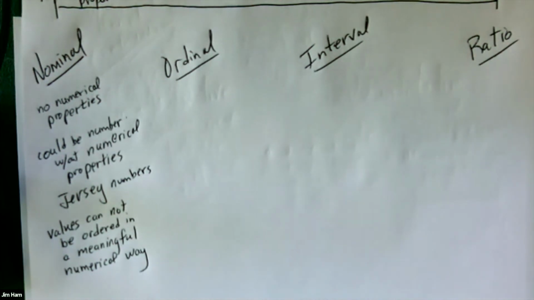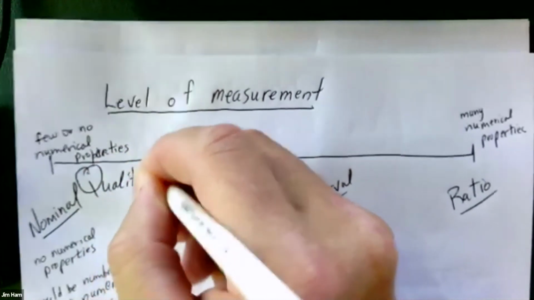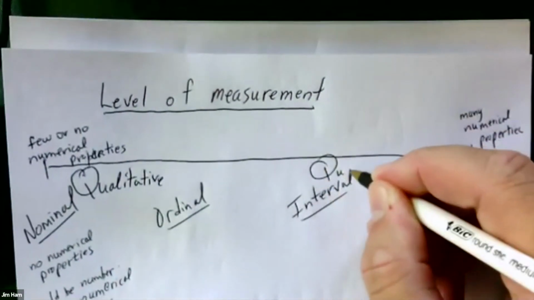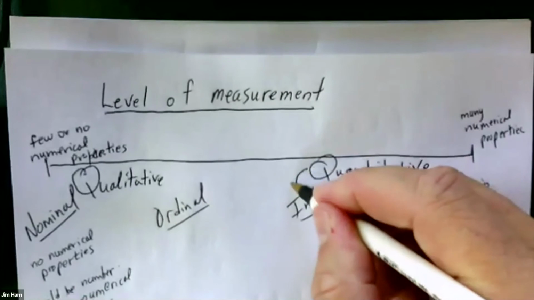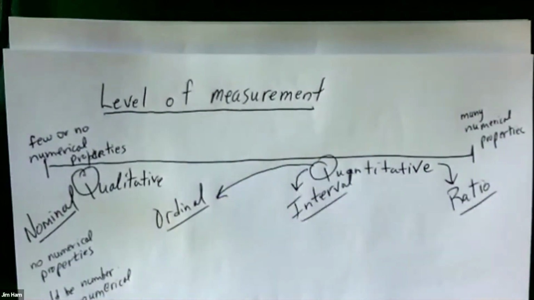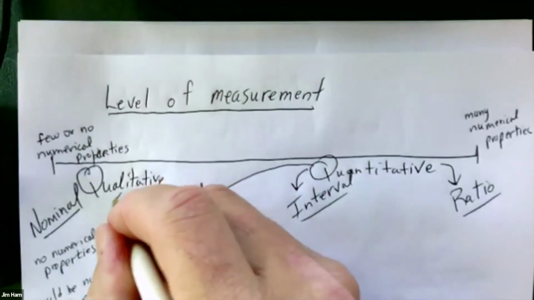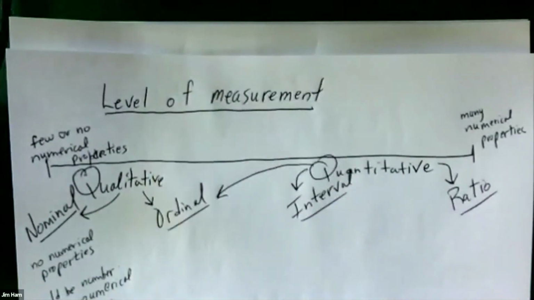In terms of the variables that we've defined earlier, we have qualitative and quantitative. It turns out that interval and ratio level data are quantitative, and sometimes ordinal variables are quantitative as well. Nominal level variables are qualitative, but sometimes they can be ordinal. So this might be a useful way of thinking about these levels of measurement.